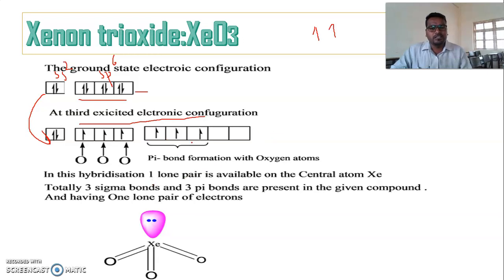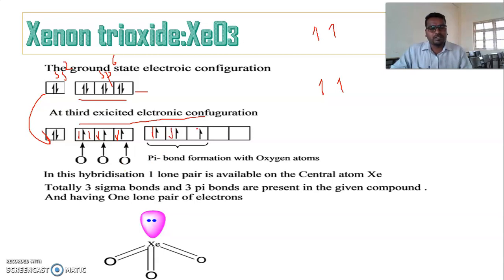So in this case what happened? Each oxygen possesses 2 electrons, so it can form 2 bonds. That is, from each oxygen, one electron forms a sigma bond and another electron forms a pi bond.